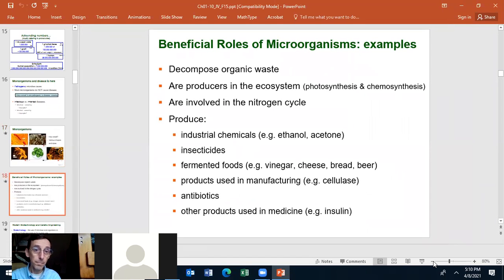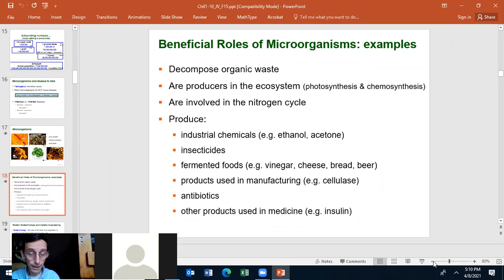Microorganisms play many beneficial roles to people and to the world's ecosystem. We mentioned that they decompose organic waste, like when you flush the toilet or flush something down the drain. The sewer treatment plant uses microorganisms to decompose the organic waste. Microorganisms are producers in the ecosystem on the planet Earth.